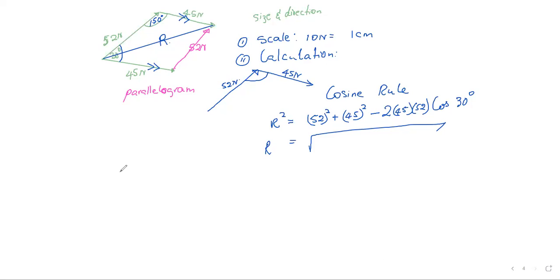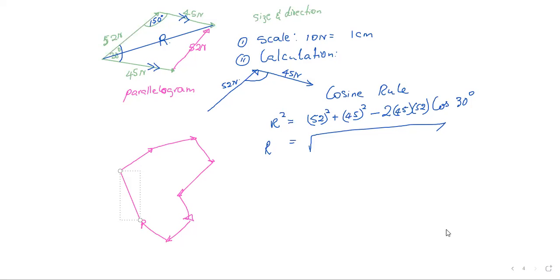If you have a vector 1 going this way, 2 going that way, 3 going this way, 4 going that way, 5 going that way, 6 going this way, 7 going this way, we will have this vector here. This vector will be our R. That will be the resultant vector.